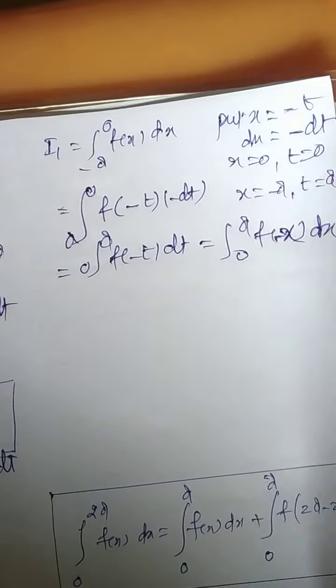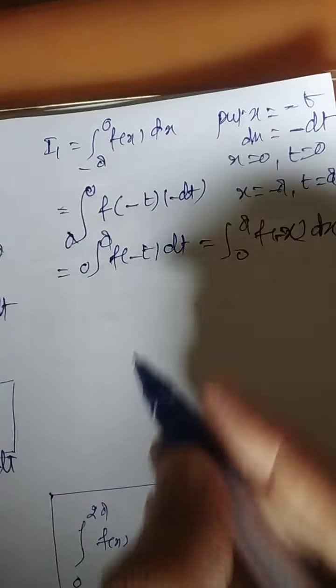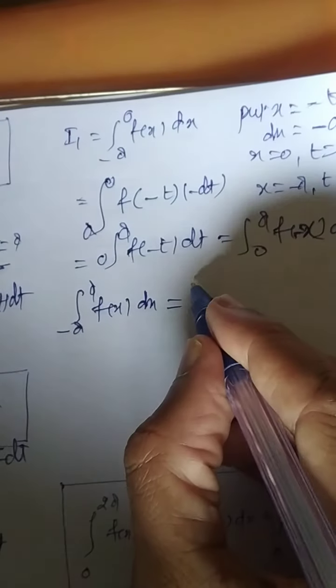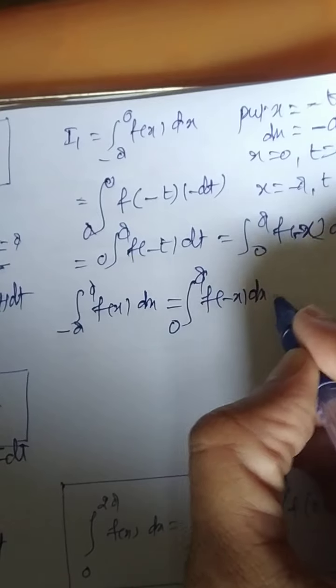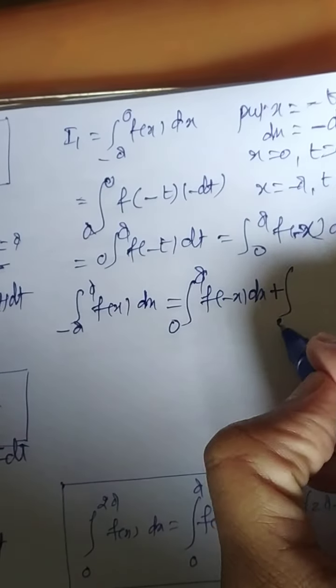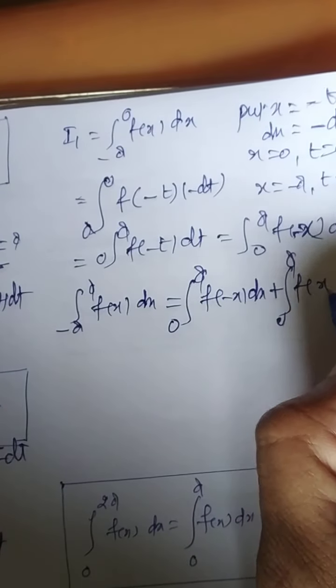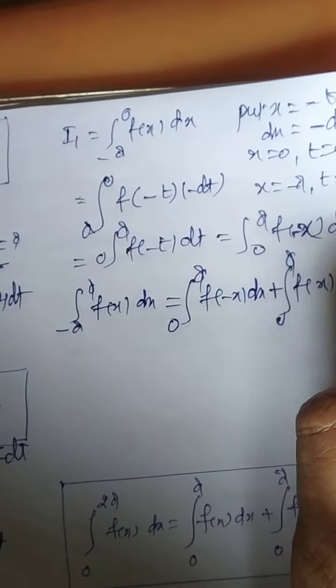Now in the previous expression, minus a to a of f of x dx, we have taken only the first integral. So I am now getting 0 to a of f of minus x dx plus the second integral, which remains as it is, f of x dx. Followed this much?